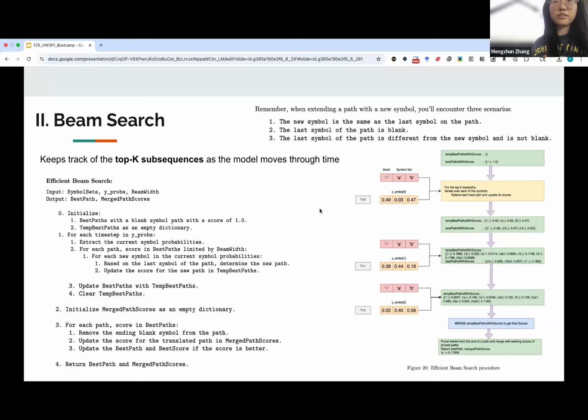Instead of considering only the top probability at each time step, we keep track of the top k subsequences as the model moves through time. In this way, the model can consider multiple promising paths so that it has a better chance to find the overall better alignment.